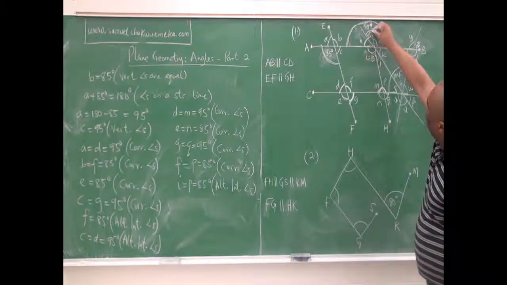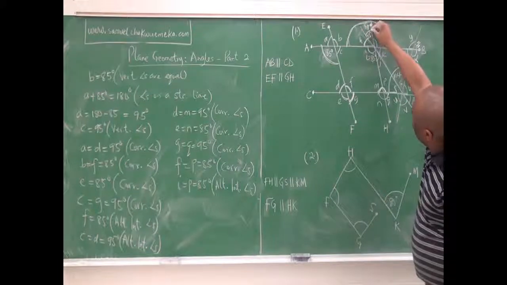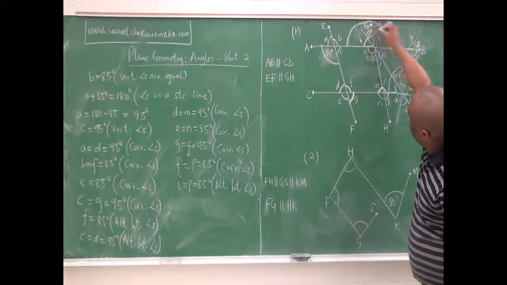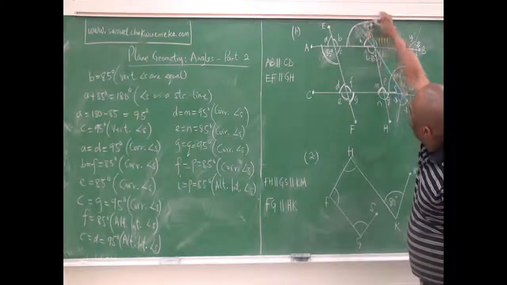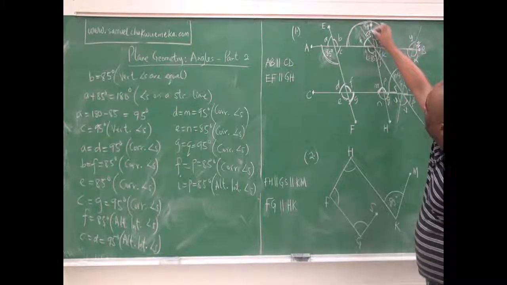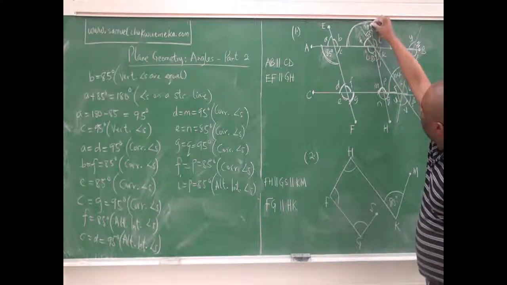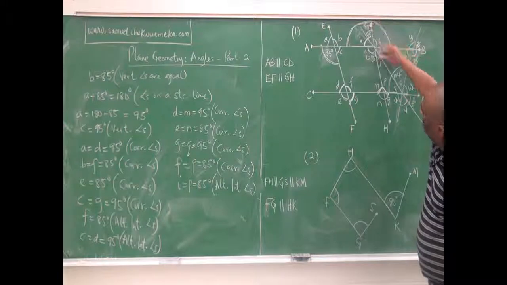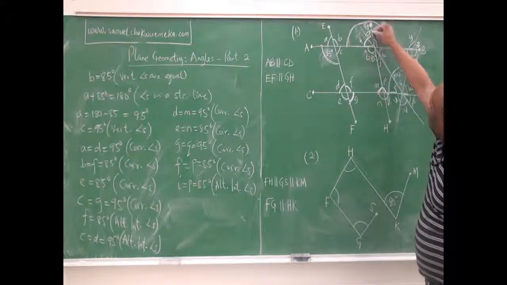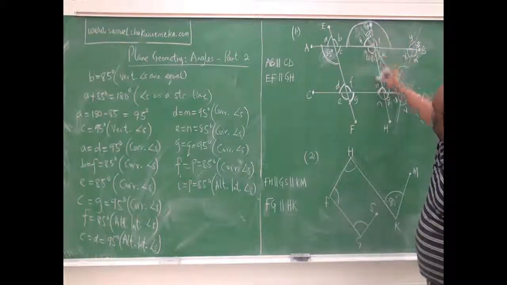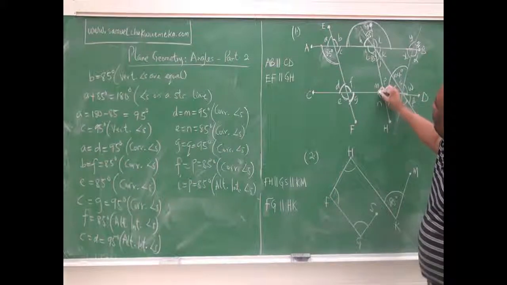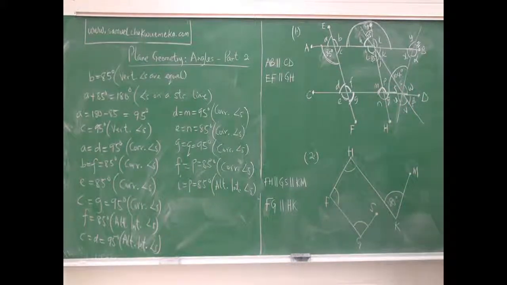So, you look at this, H plus 22. This entirely will give us 180 degrees, right? But H plus 22, because this lies on the GH, H plus 22 is corresponding to M. Do you understand what I'm saying? H plus 22 is corresponding to M.